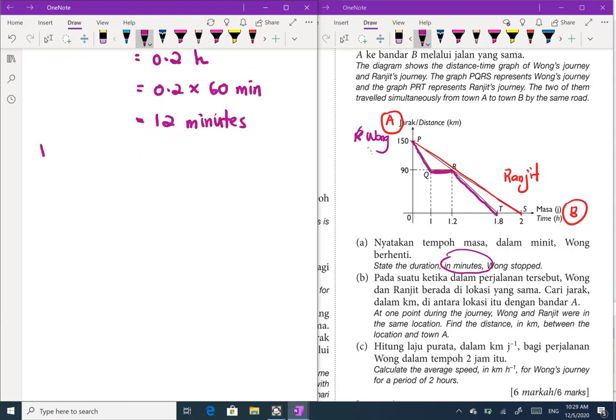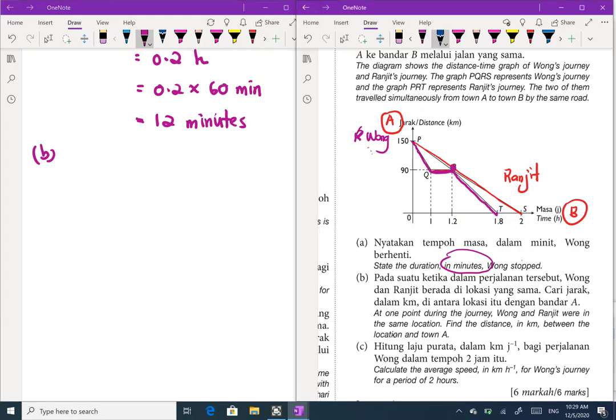Question B. At one point during the journey, Wang and Ranjit were in the same location. Find the distance in kilometers between the location they met and town A. They will meet at this location.